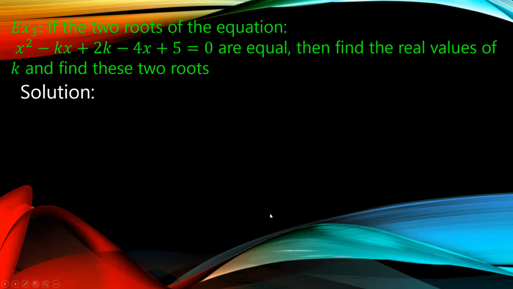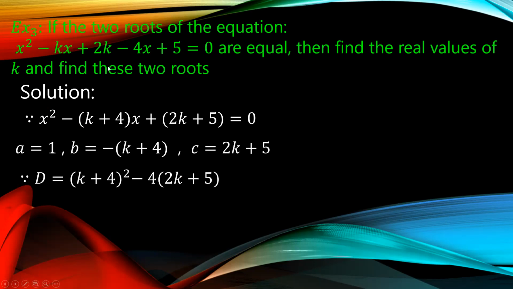Another example: if the two roots of the equation x power 2 minus kx plus 2k minus 4x plus 5 equals 0 are equal, then find the real values of k and find these two roots. The two roots here are equal, then the discriminant equals 0. How to find the discriminant?